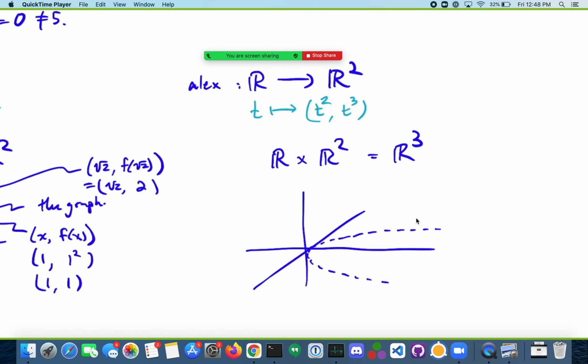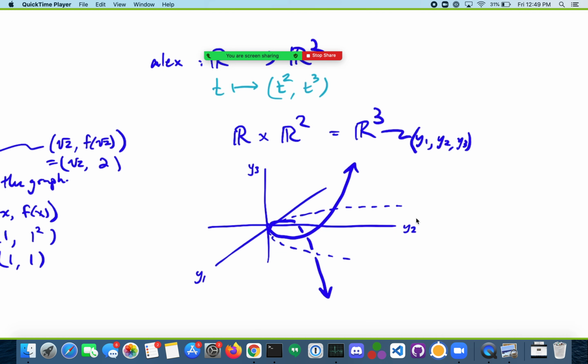If I give coordinates y1, y2, y3 to my 3-dimensional space, then here's the graph. It sort of twists around and down, and we'll do this example more.